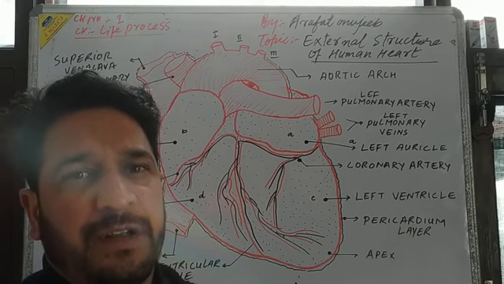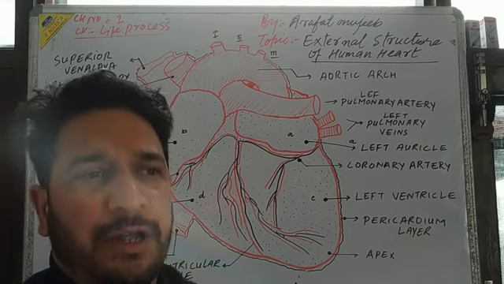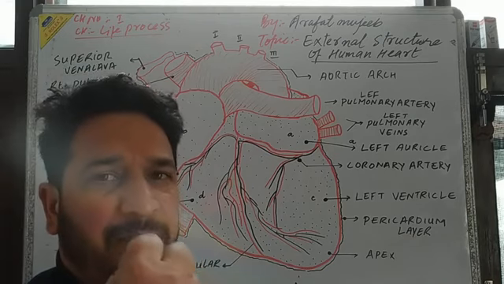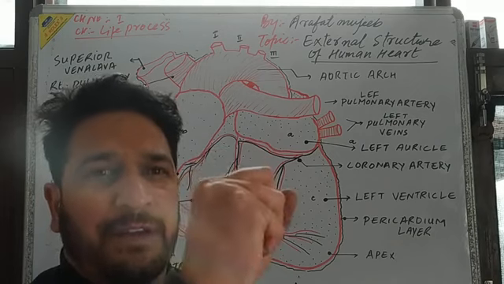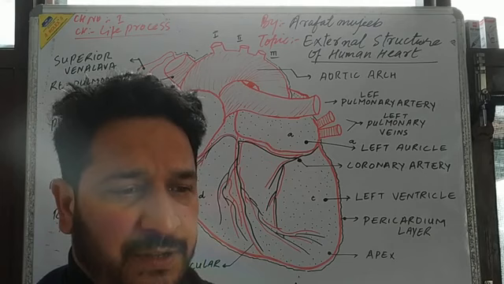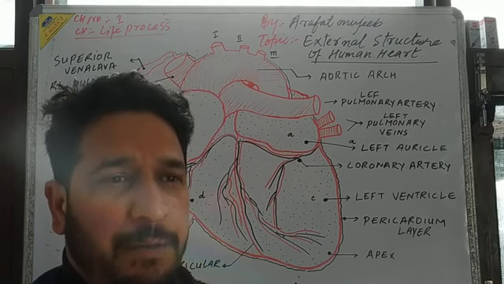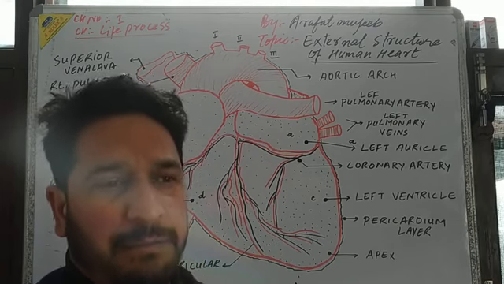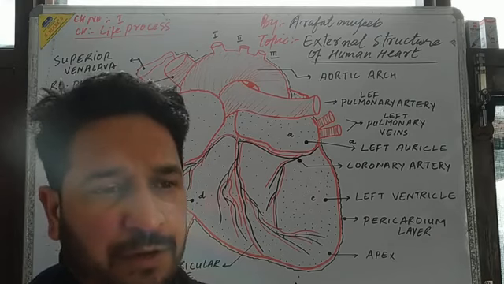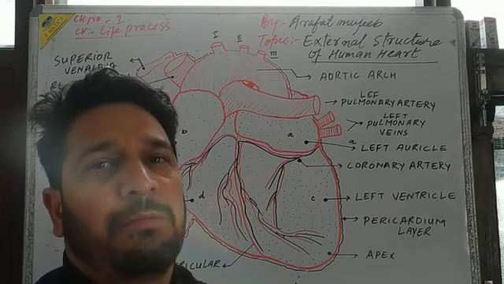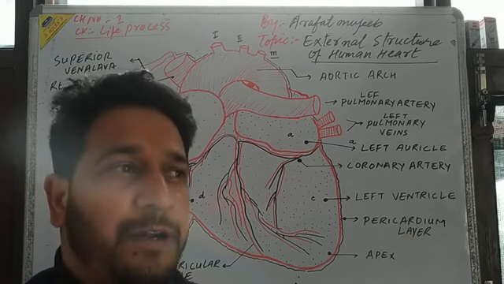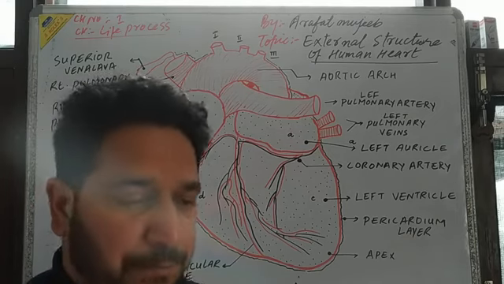At the bottom it is broad, and it is of fist size, approximately the size of our own fist. In adult females the approximate weight is 250 grams, and in adult males the average weight of the human heart is approximately 300 grams.